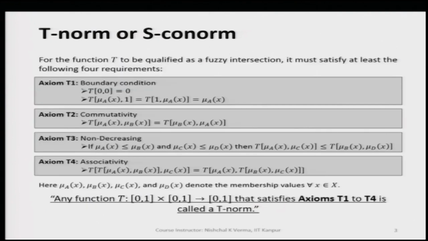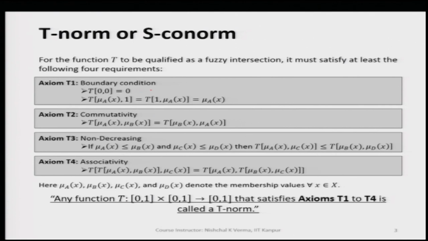So, let us understand a few more things related to T norm or S co-norm. We have 4 axioms, namely axiom T1, axiom T2, axiom T3, axiom T4. The axiom T1 is the boundary condition. This means that if we take T norm of 0 and 0, both the zeros are membership values, this is going to give us 0.